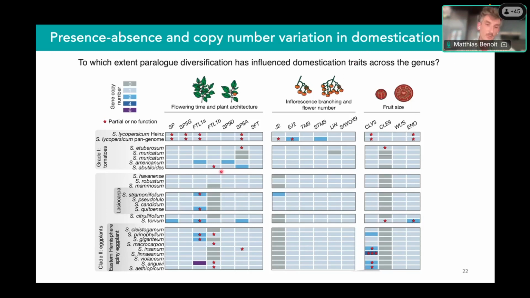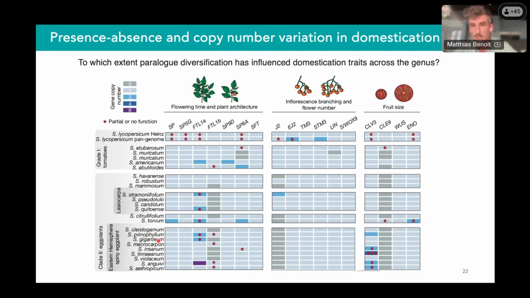What you can see here, taking FTL1A as an example, is really a broad variation in copy number and in the presence or absence of mutation in those genes across the entire genus, with the possibility of those mutations then impacting phenotypes at the end of the day.